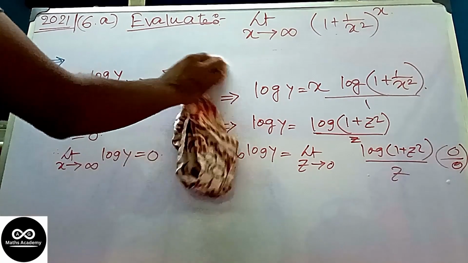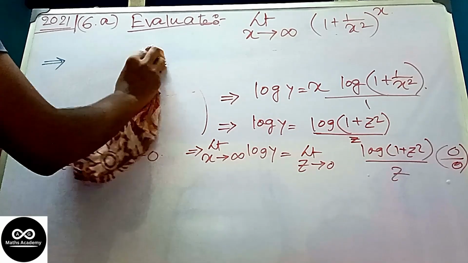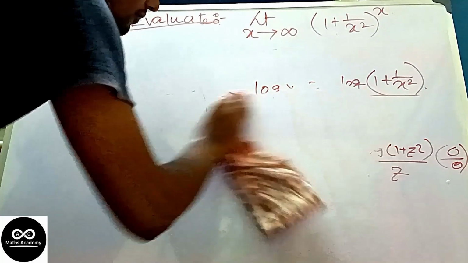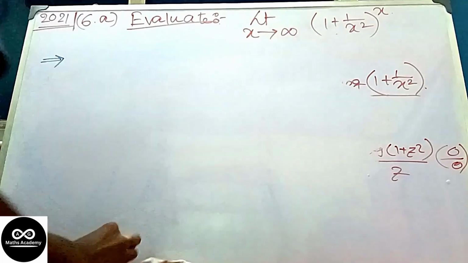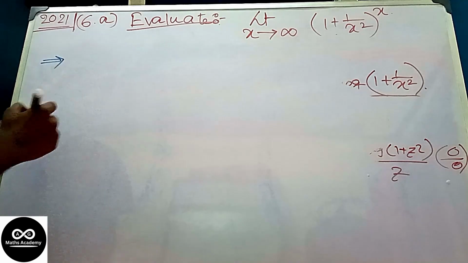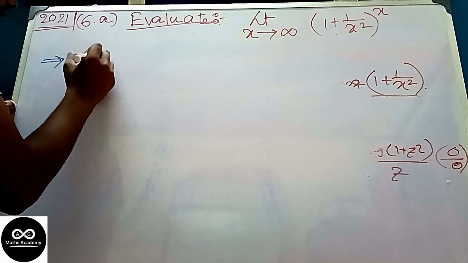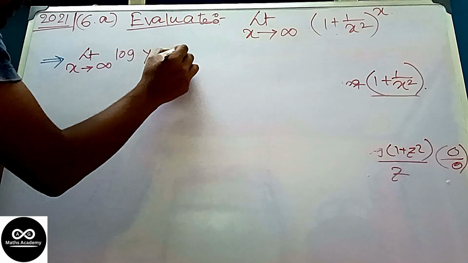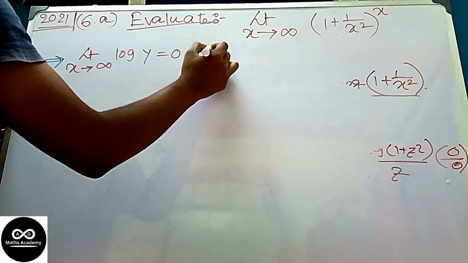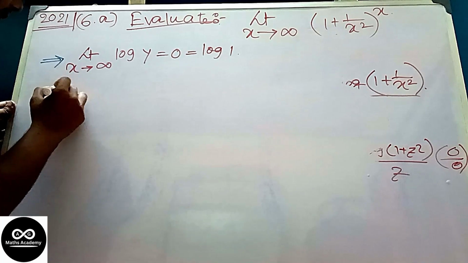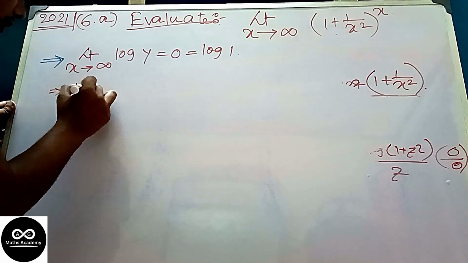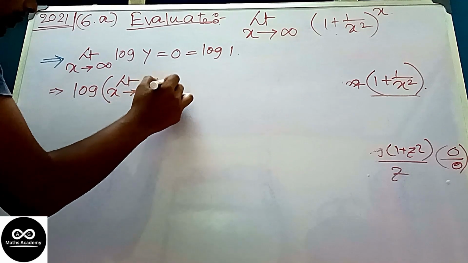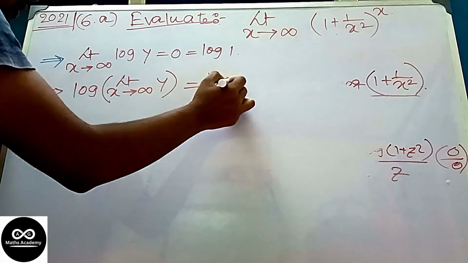Let me clear the whole thing. Now limit x tends to infinity log of y equal to 0, which is log of 1. From here what we can write is log of limit x tends to infinity y is equal to log of 1.